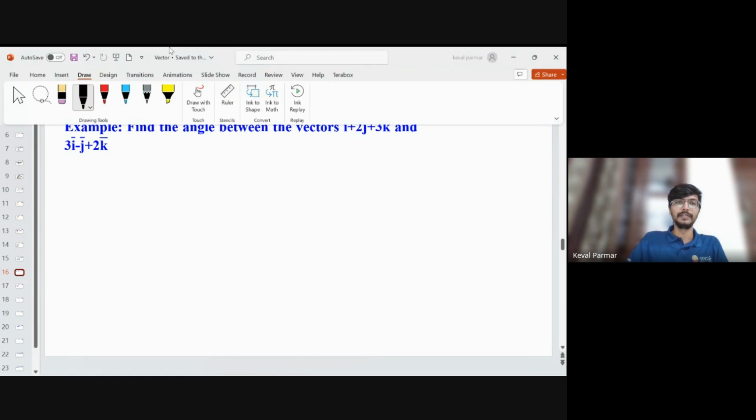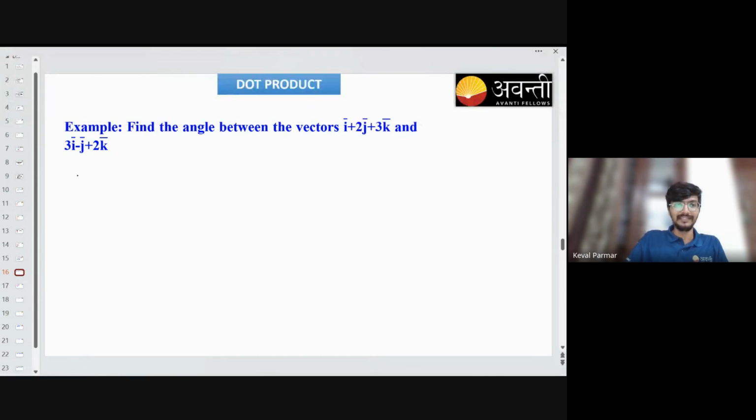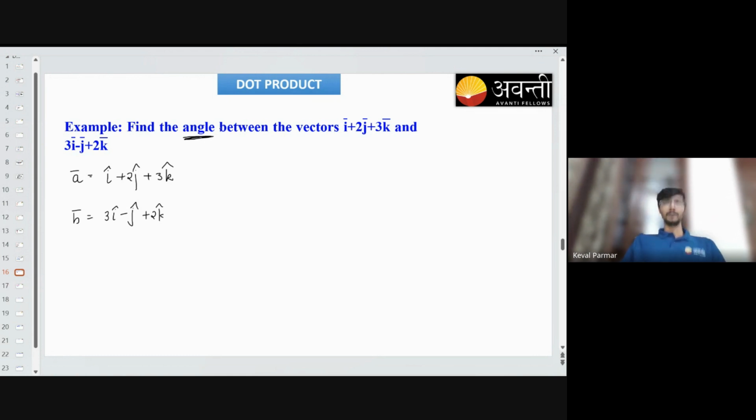Find the angle between A bar equals i cap plus 2j cap plus 3k cap, and let B bar be equal to 3i cap minus j cap plus 2k cap. Angle is our main word to notice in this question. It says find the angle.